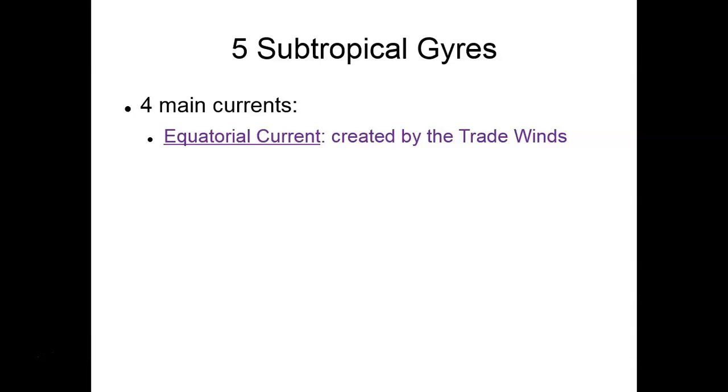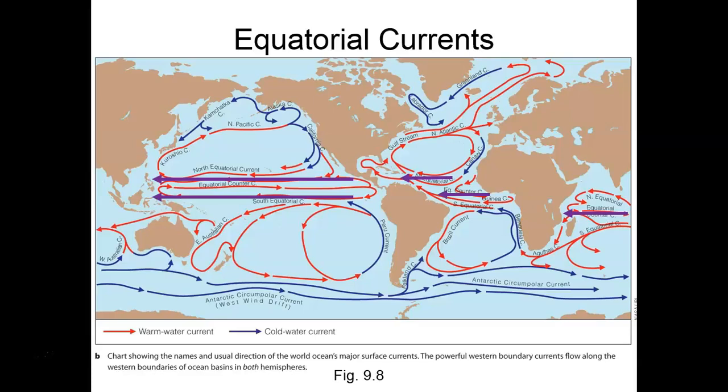Each gyre has what's called an equatorial current, the current running along the equator. In the northern hemisphere, you have the equatorial current just north of the equator. In the southern hemisphere, you have it just south of the equator. This is created by the trade winds.